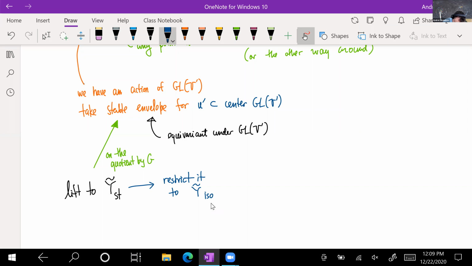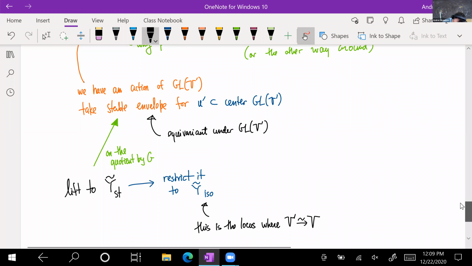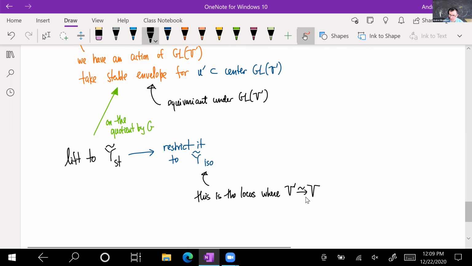So what is Y iso? This is the locus where the map V to V is an isomorphism, and we decided by direct analysis that all such points are stable. So they all sit in here, on this set where this is an isomorphism.